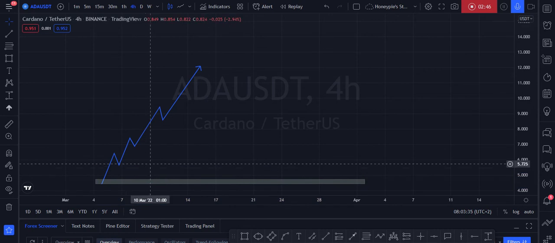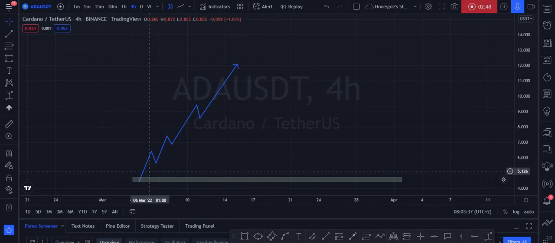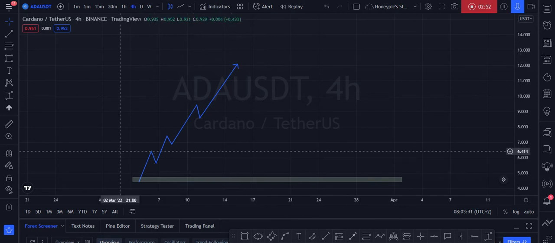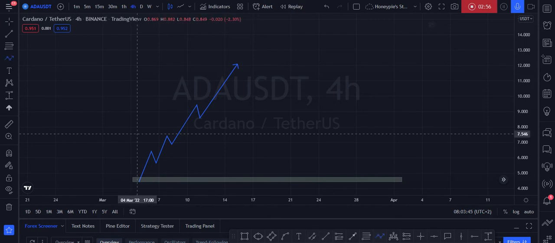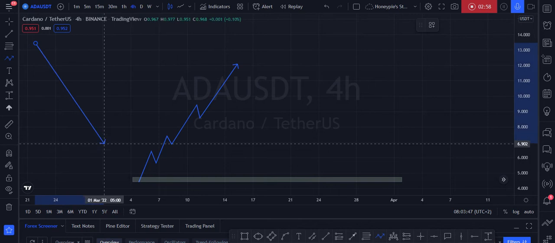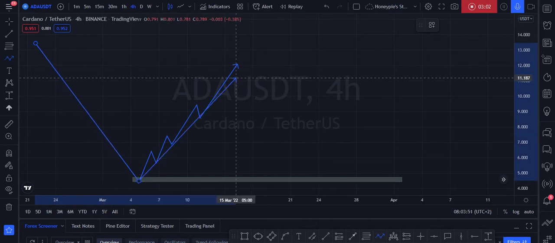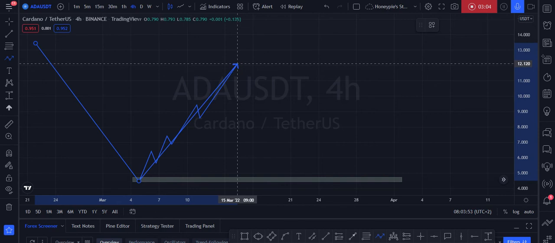Because obviously, before the market would get to somewhere down and bounce back up, it's coming from up here to this point, before it moved up.